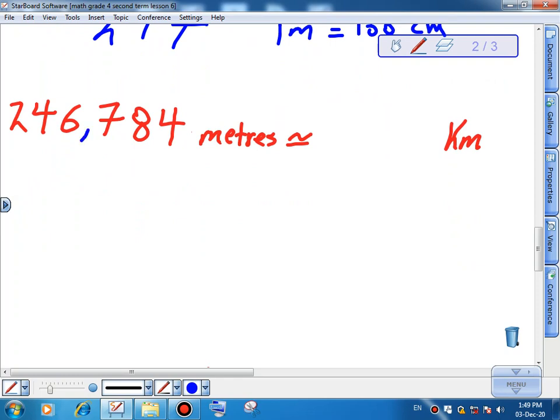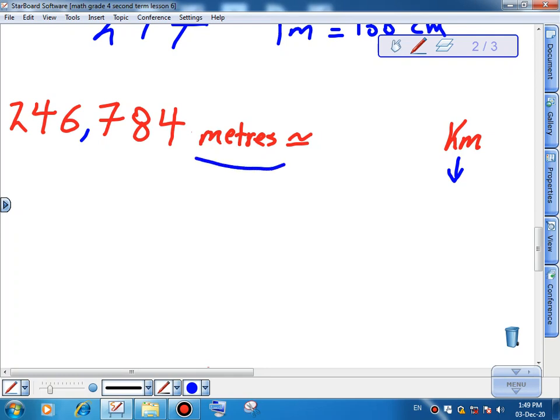246,784 meters. I need to approximate this number to the nearest kilometer. Remember, km means kilometer. First, I can approximate any unit to the nearest other unit only if I have the same units on the first and the second side.